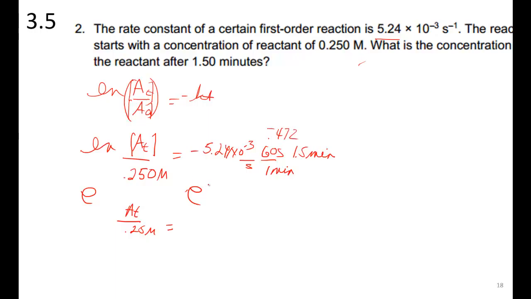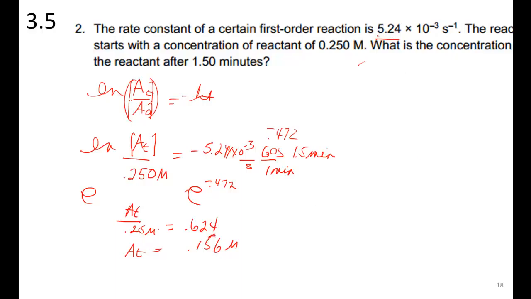So if I do e to the minus 0.472, I get 0.624. So A_t then is going to be 0.624 times 0.25, or 0.156 molar. I'm going with 3 sig figs here.